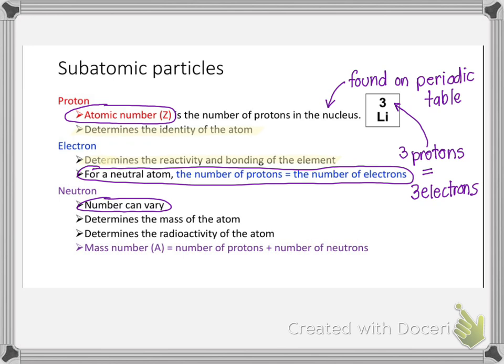Because the neutrons can vary, remember protons and electrons both have one atomic mass unit, but neutrons vary. So ultimately the total number of neutrons will be what finalizes its mass. Neutrons are also associated with radioactivity. In your class, we don't really do anything with radioactivity, but neutrons are involved in that. And then here's another number that we need to remember, and we're going to do some practice with it.